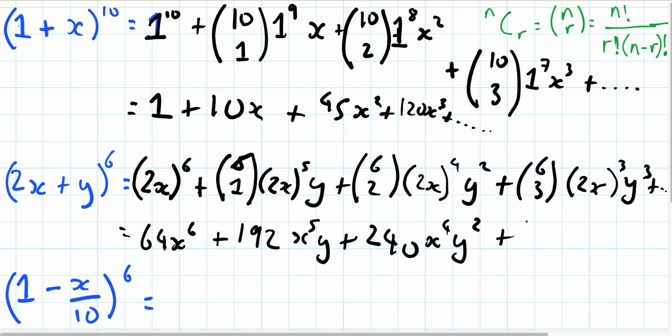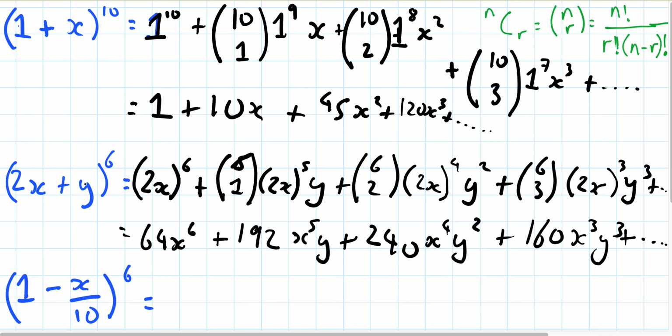Add 6C3 times 2 to the power of 3, that is 160x cubed y cubed, plus dot dot dot. It goes on, until we reach y to the power of 6 on its own.